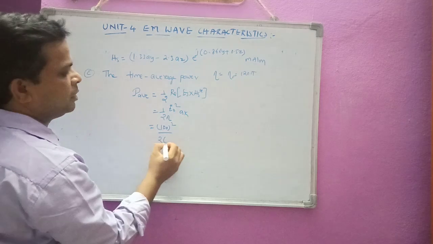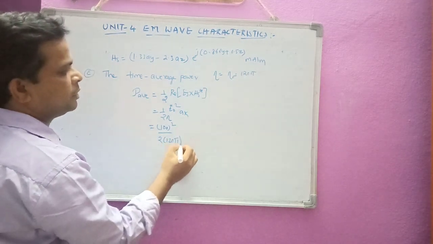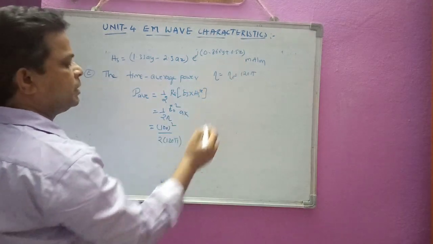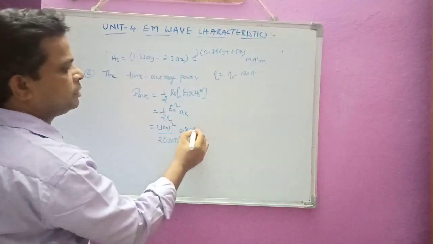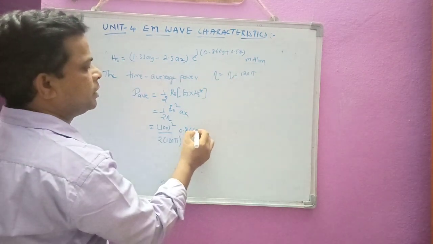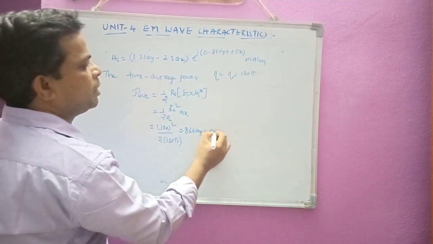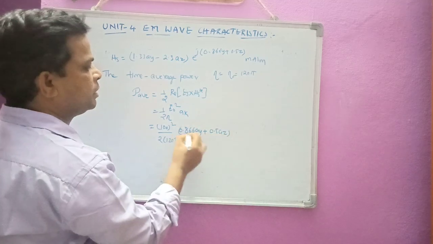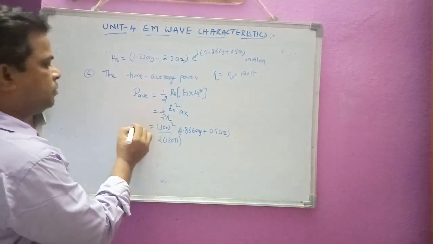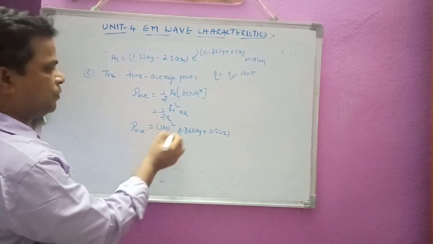Into ak, which is given as 0.866 ay plus 0.5 az. We have to write the vector form of this, the ak vector.